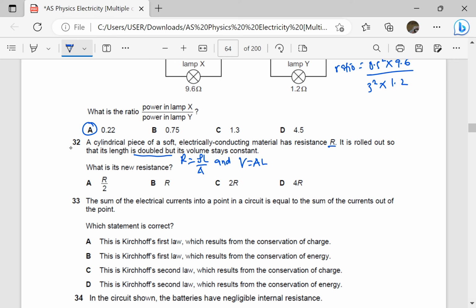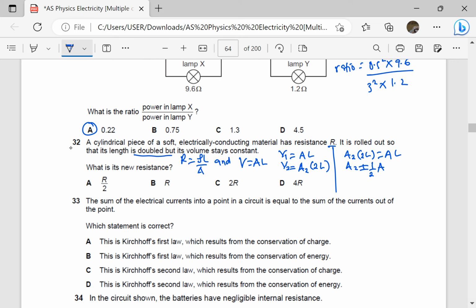So volume for the first one, V1, is going to be A times L. And volume for the second one, V2, the area is not known, so let it be A2, but the length is twice, so this is twice L. Because the volumes are supposed to be equal, A2 times twice L is equal to A times L. So A2 is going to be equal to a half A.